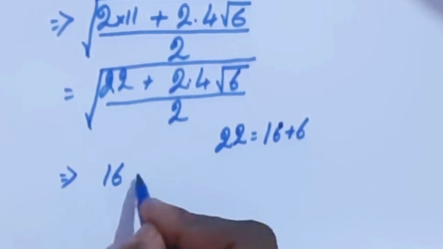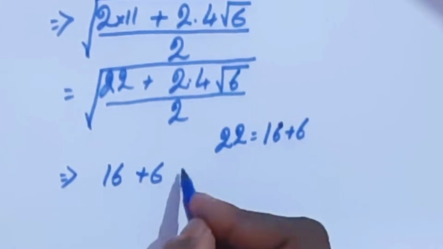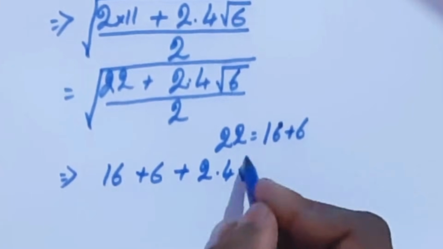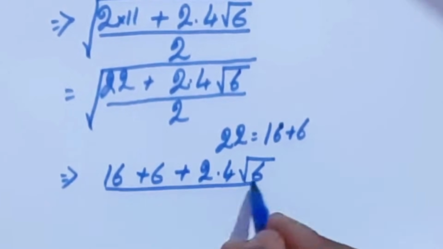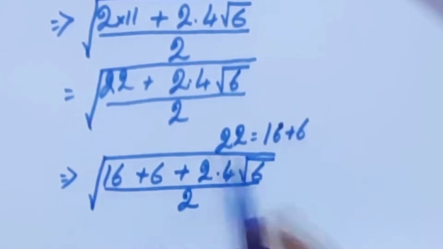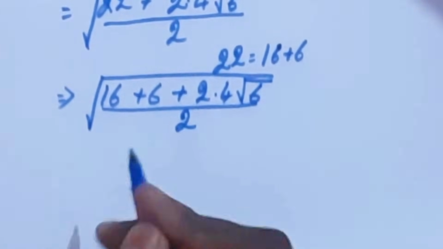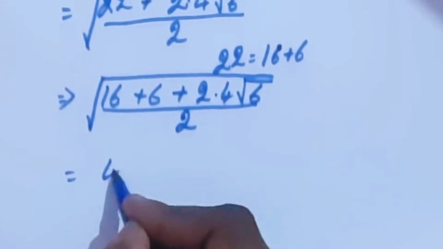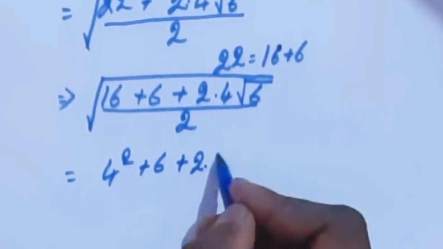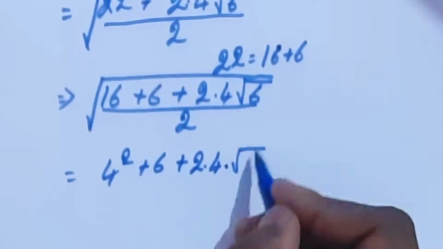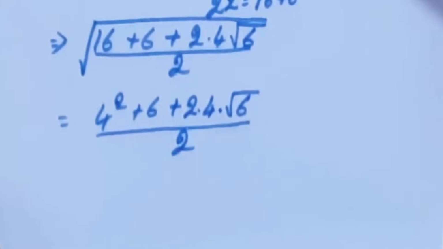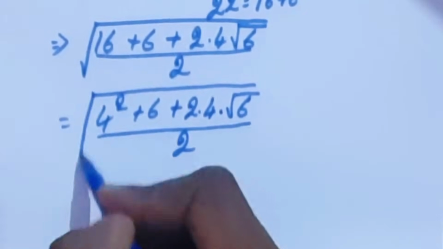So 16 plus 6 plus 2 times 4 times square root of 6, whole divided by 2, in whole square root. Now this 16 can be written as 4 square, plus 6 plus 2 times 4 times square root of 6, whole divided by 2, in whole square root.